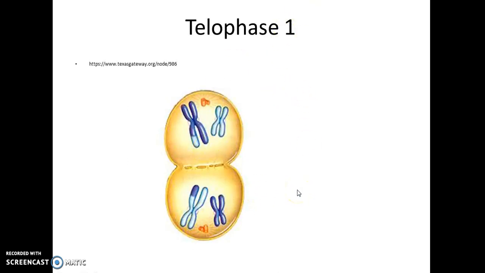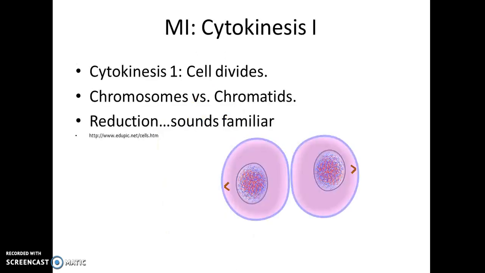We started with 4 chromosomes made of 8 chromatids. Now in each one of these cells, we're going to have 2 chromosomes made up of 4 chromatids in telophase 1. Hit pause, draw the picture, please. Cytokinesis 1, the cell divides. We have reduced the number of chromosomes, but each chromosome has 2 chromatids.